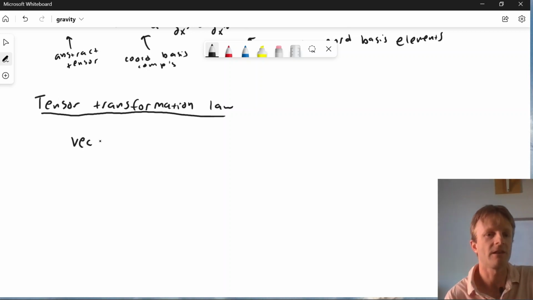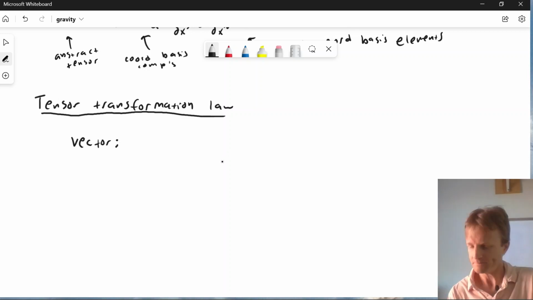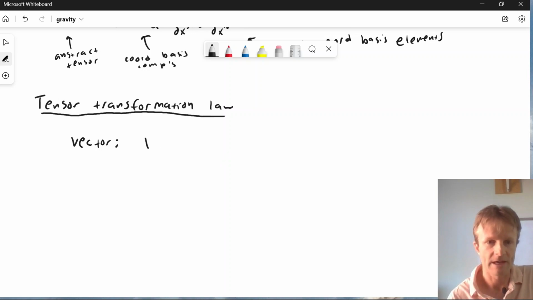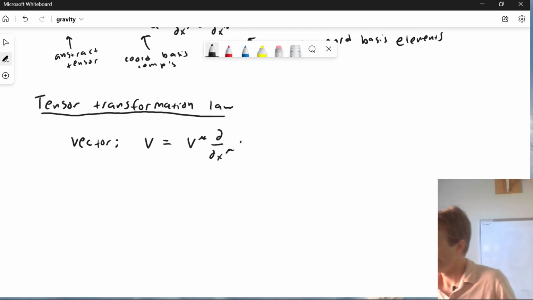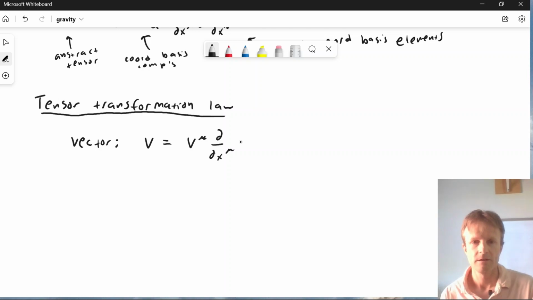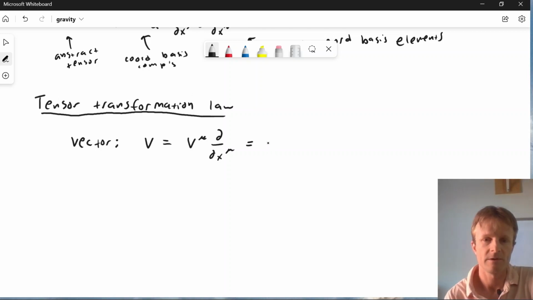So here's where we get a lot of mileage out of the definition we used for vector. So recall that a vector v would always be written v mu times the abstract vector d by dx mu. And from here, we do the same game. We say, well, we ought to be able to do that in some other coordinate basis associated with some other coordinate system, x mu prime.